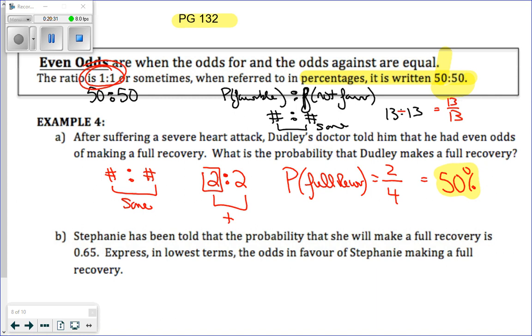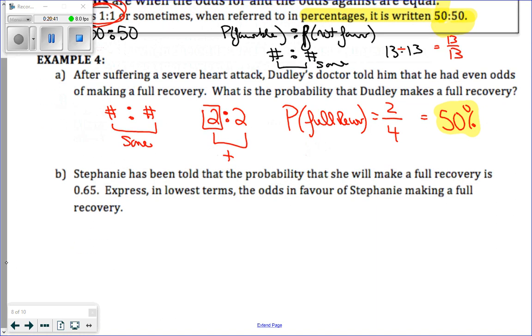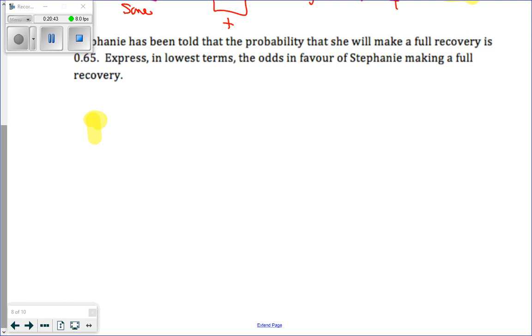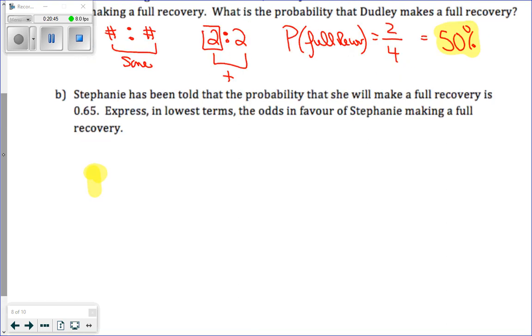Stephanie has been told that the probability that she will make a full recovery is 0.65. Okay. So the probability of a full recovery is 0.65. What I suggest you do, well, you can do this 2 ways.